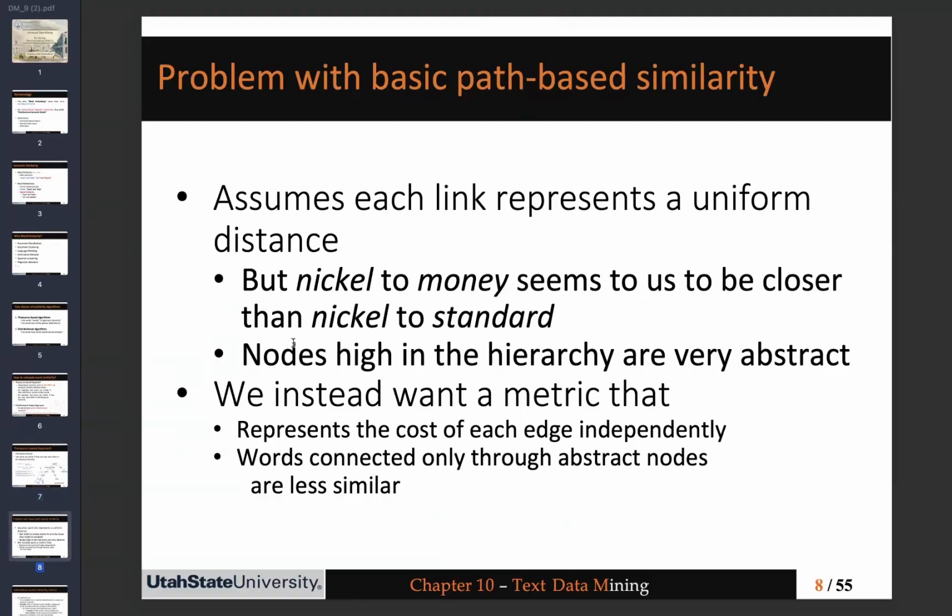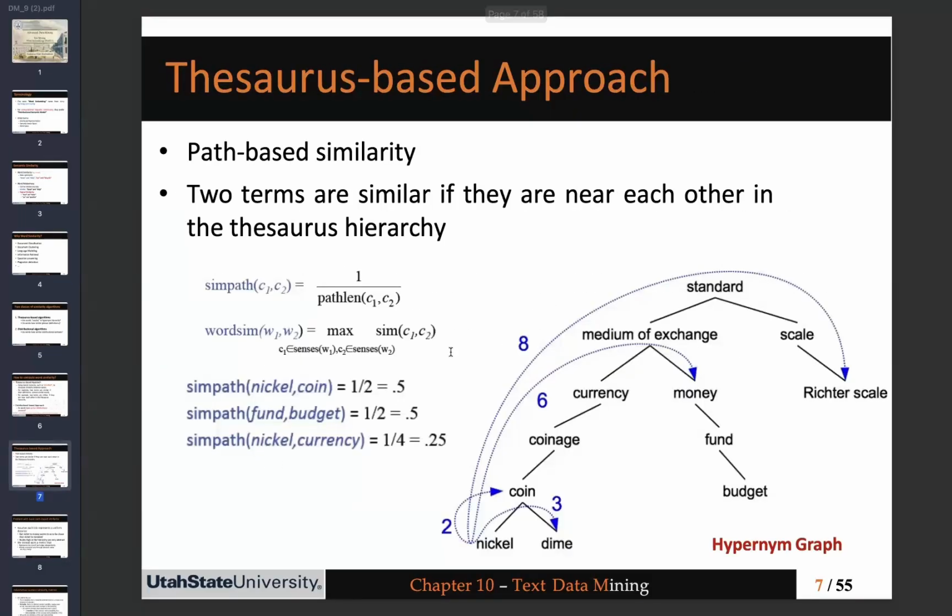But here the idea is that path-based similarity assumes that every edge has the same meaning and every step costs the same, right? So as long as they're within the same hierarchy distance from each other, then we assume that they have the same similarity, just like the case between nickel and coin and fund and budget, right?